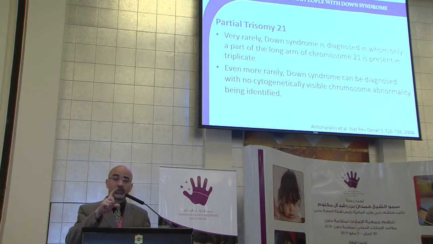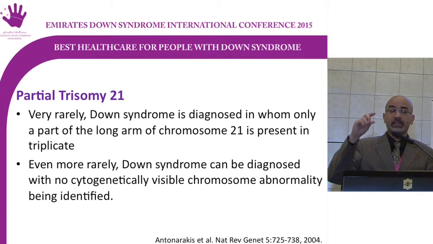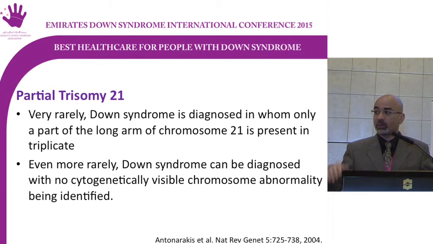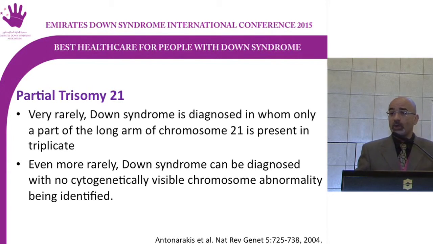We have 2 copies of chromosome 21, and a small piece of one chromosome 21 can be duplicated. So if one piece is duplicated and the same piece is present on the other chromosome, then you'll have 3 copies of this part of chromosome 21, not the whole chromosome. And this can be picked up by karyotyping, because you'll find one of the 21 chromosomes has an extra piece.